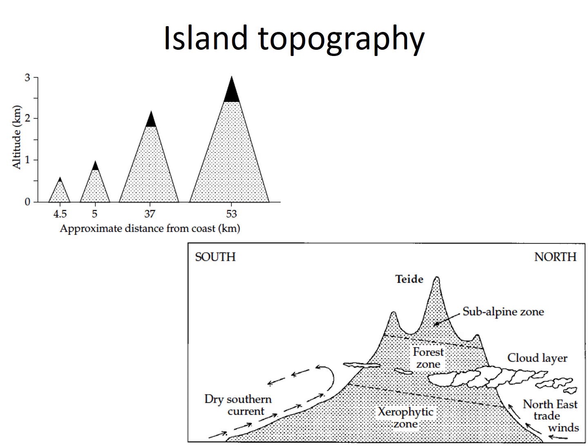So if you look at the bottom right image, you'll see the illustration of a mountainous island that has northern and southern exposure. And look what's happening here. If the winds are generally blowing from north to south, they're bringing with them clouds that hit the island, drop their rain, so there's a forested zone. Above that forested zone, it's higher than the clouds, you get a subalpine zone.